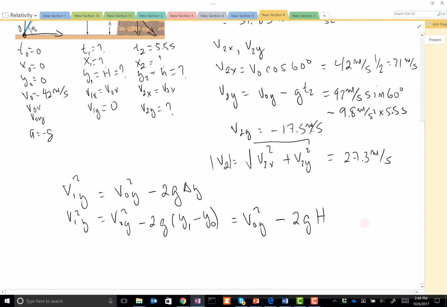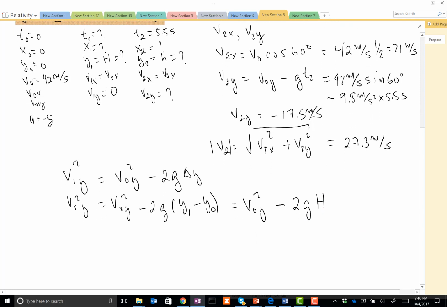Then I can rearrange this equation, right? At that point, v1y is 0. So h, which is y1 minus y0, is equal to v0y squared divided by 2g. There are two minus signs that cancel there.